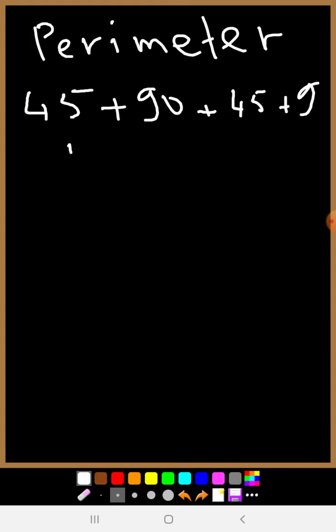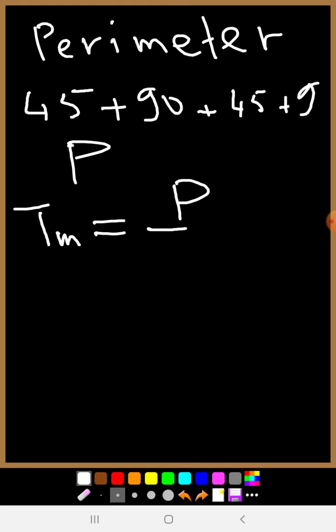But for now, we just call it P, like perimeter. So the time to do the entire perimeter, T of small m, will be equal to the perimeter divided by the speed.